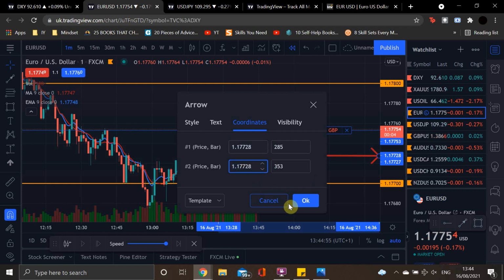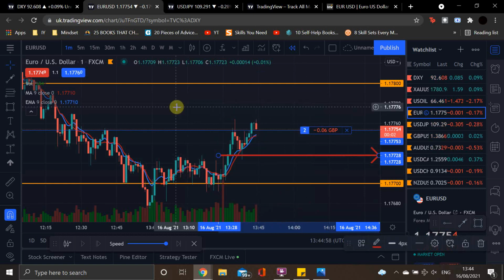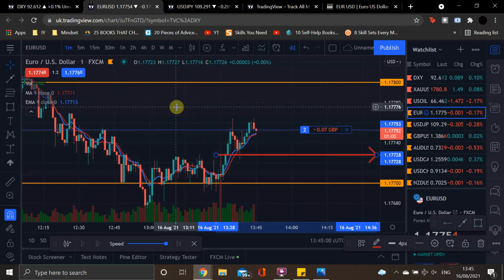But yeah, I need to backtest more, 100%. It's not good to not feel confident when you're trading. The only reason I don't backtest as much is because I'm worried that I'm going to get too used to backtesting.